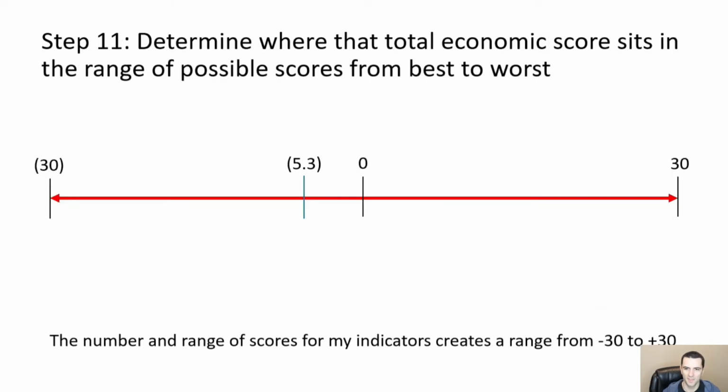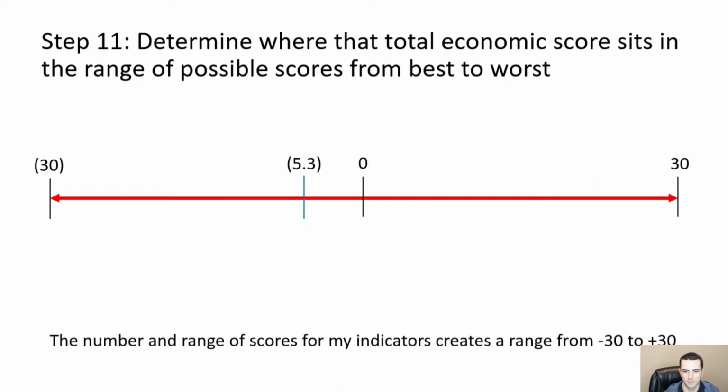So determining where that total economic score sits in the range of possible scores from best to worst. So thinking back to my 3-point scale, for each indicator, positive 3, negative 3 kind of being the range for each one, but having a predictive power weight in there also influences it. So when you add it all up, the maximum possible best scenario is a positive 30, and the worst possible case is a minus 30.